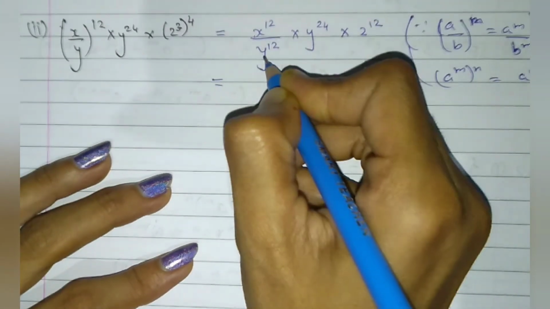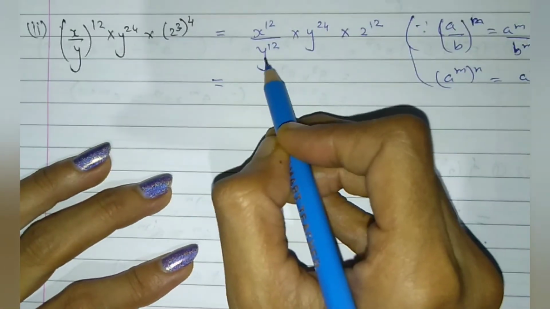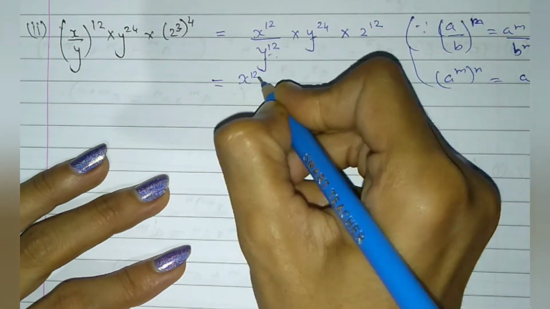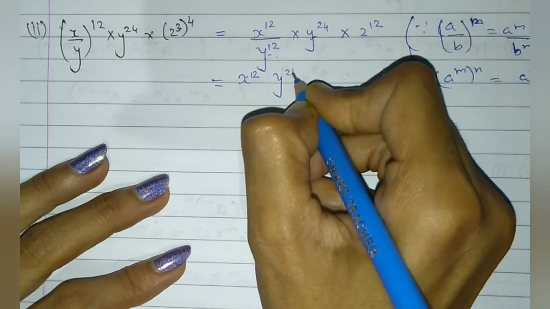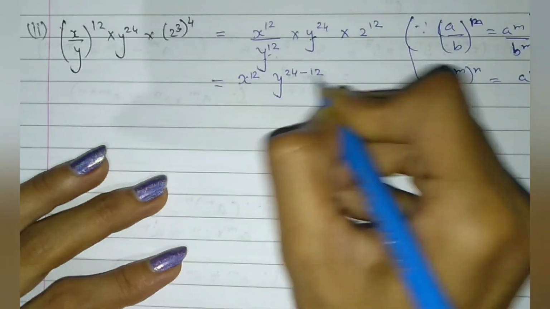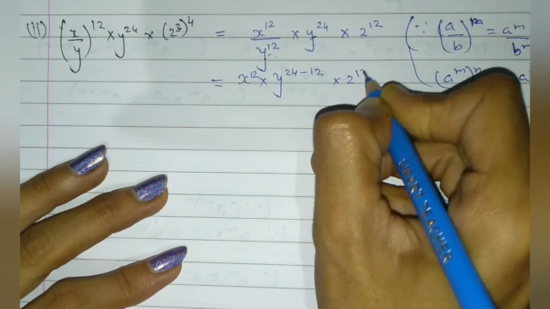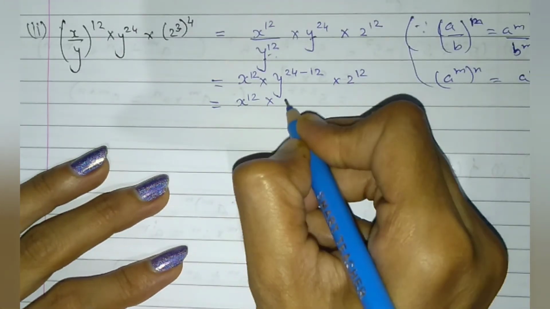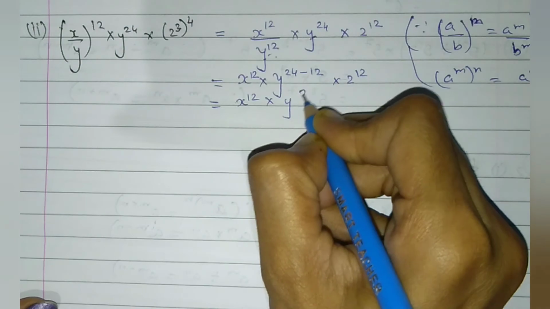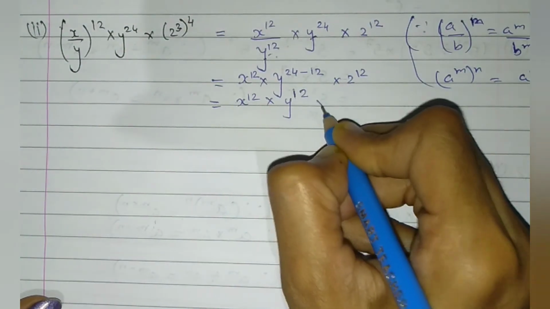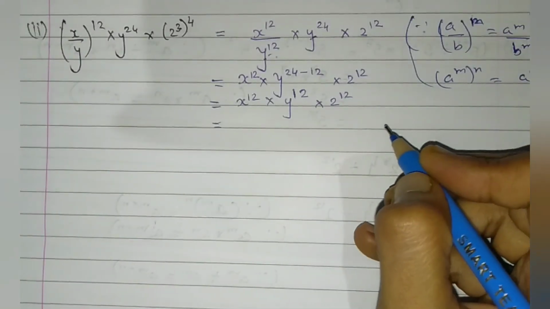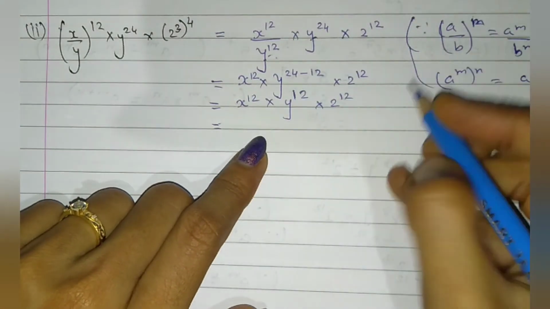Now we can subtract because it is in division. So x raised to 12 as it is, y raised to 24 minus 12, multiplied by 2 raised to 12. So equal to x raised to 12 into y raised to 4 minus 2 is 2, 2 minus 1 is 1, into 2 raised to 12. Now here which one is it?